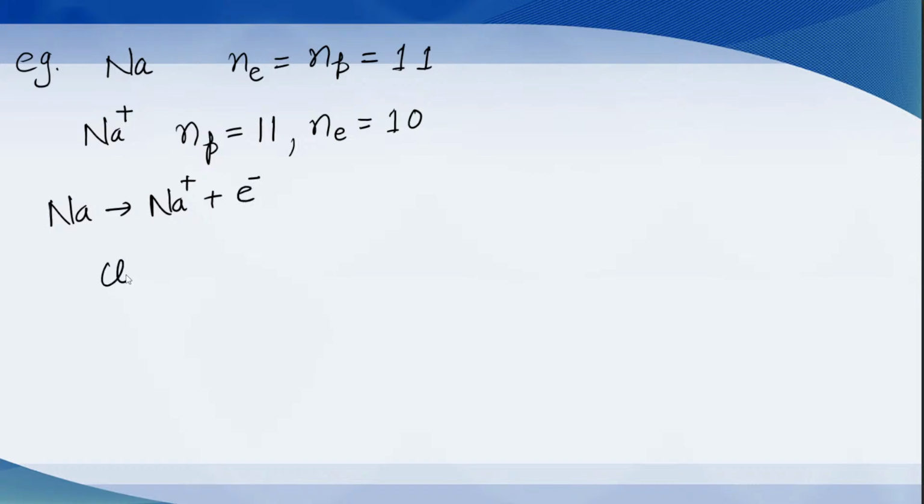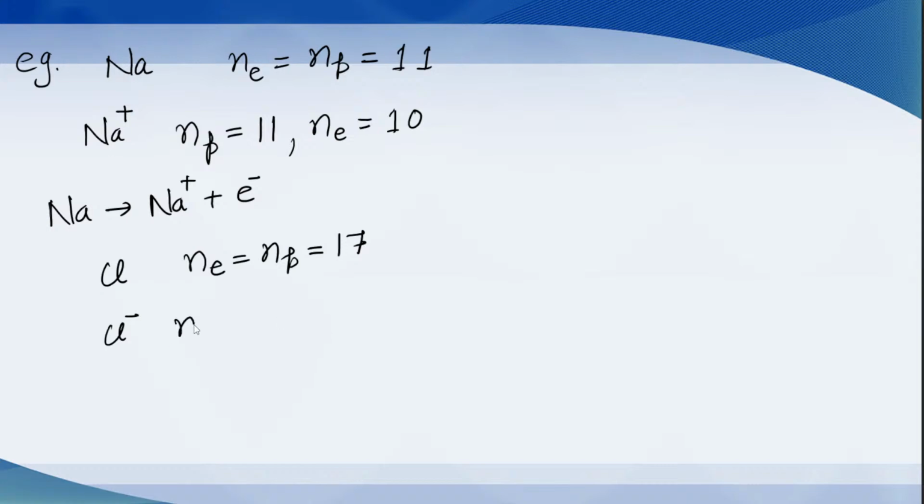Same if we have chlorine and Cl negative. If negative charge is there, that means electrons are in excess. So in chlorine, number of electrons and number of protons both are equal to 17.